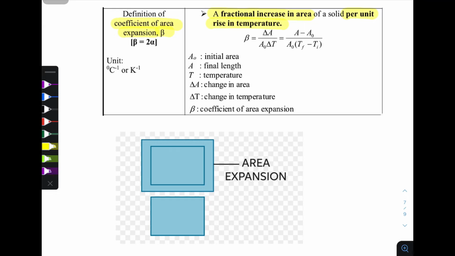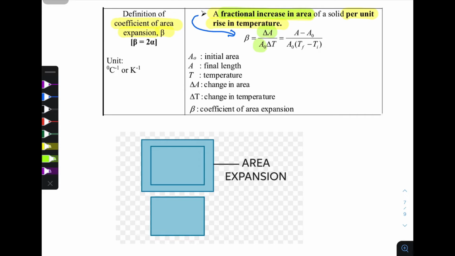Okay, from this statement, you can write it in an equation. So, beta equals delta A over A0 delta T. So, where is the fractional increase in area? So, you are going to get delta A per A0. This represents the fractional increase in area.